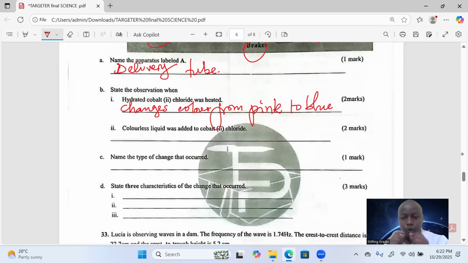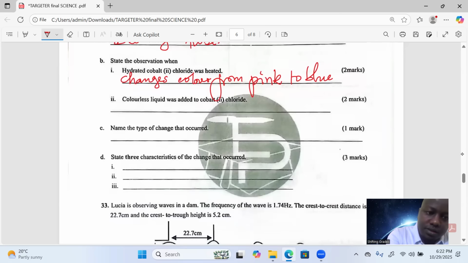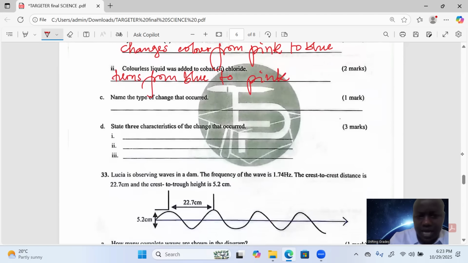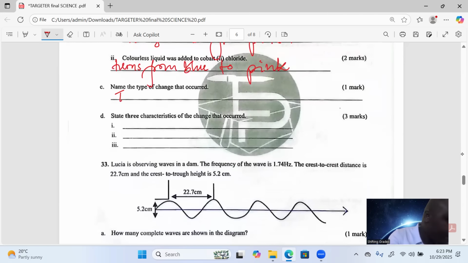But when you add the water back, ladies and gentlemen, it shall get back to pink. So it turns from blue to pink. So this type of change is what you call a temporary chemical change.